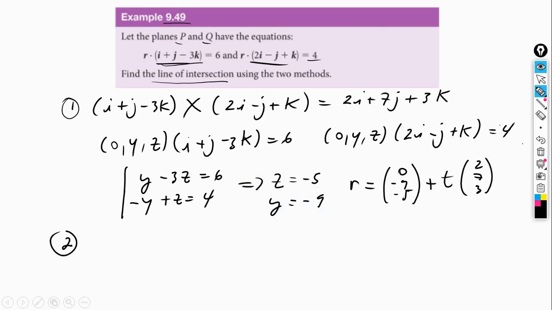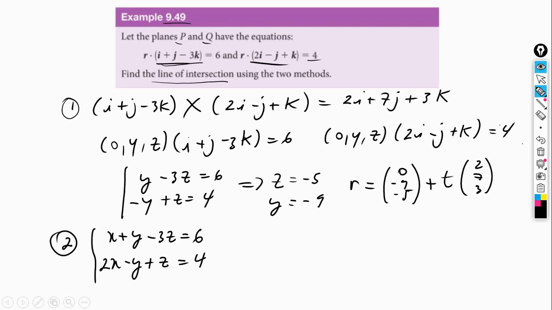Then for the second method, we can just solve a system of equations using the Cartesian equations of the planes. So the first one would be x plus y minus 3z is equal to 6, and the second one would be 2x minus y plus z is equal to 4.